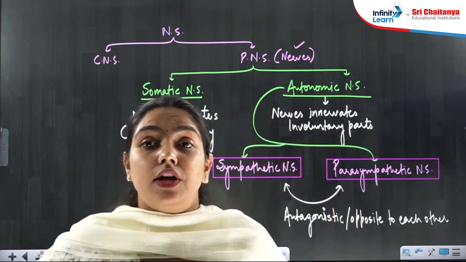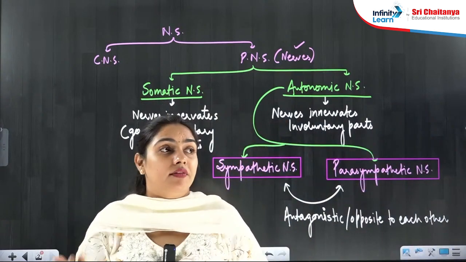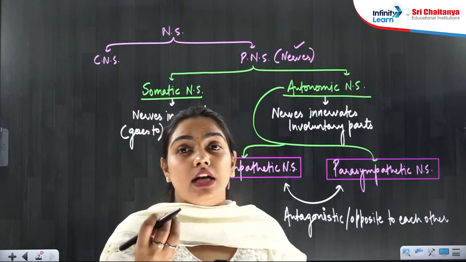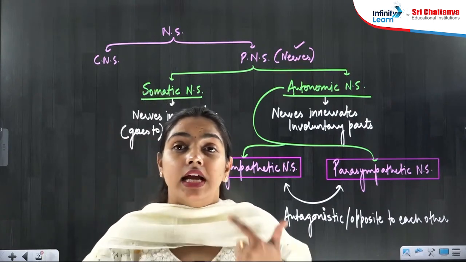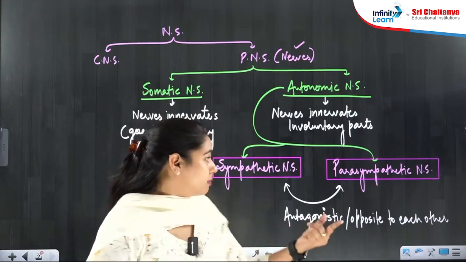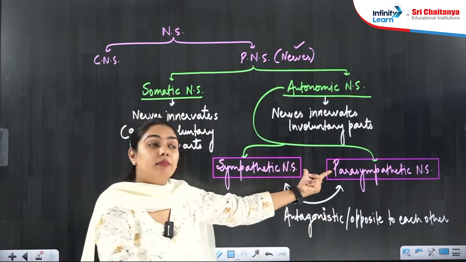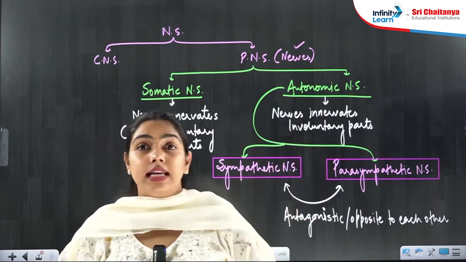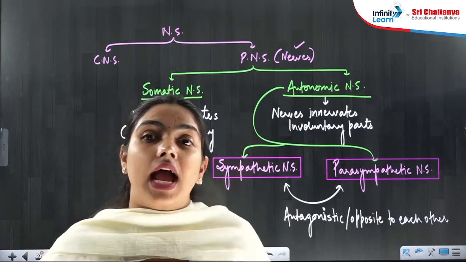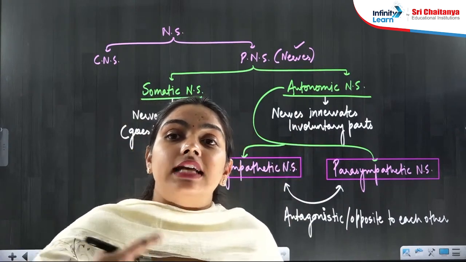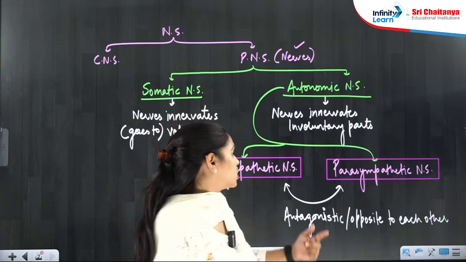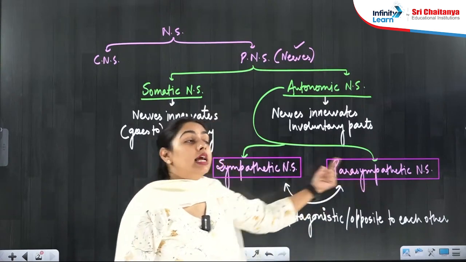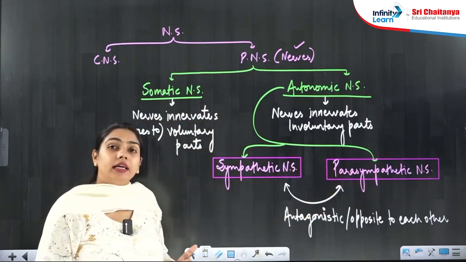For different organs, it will be different. For example, let me tell you the example of the cardiac activity. Cardiac activity is stimulated by sympathetic, inhibited by parasympathetic. But in case of your digestive tract, secretion of gastric juices is stimulated by parasympathetic, inhibited by sympathetic.